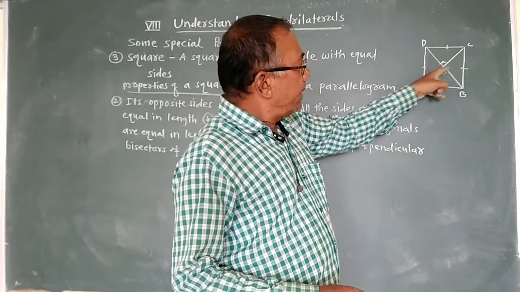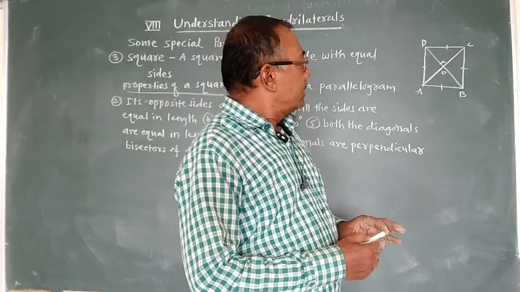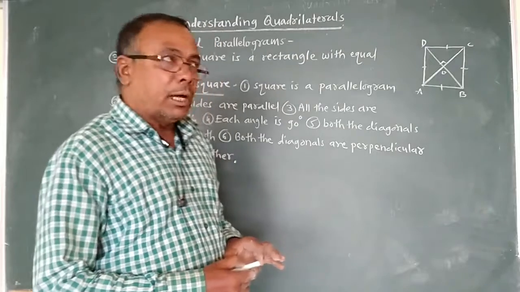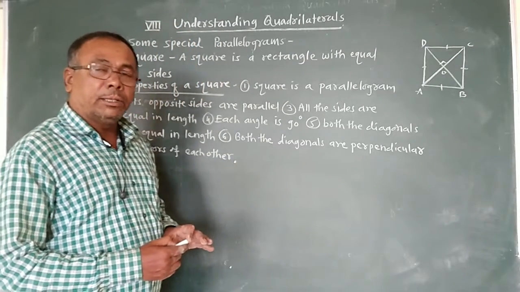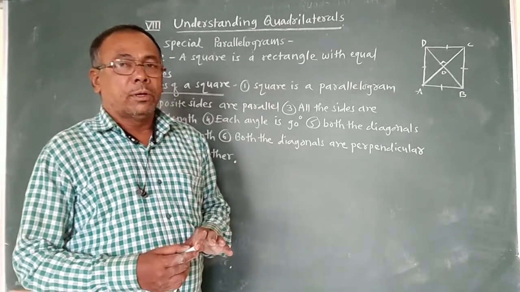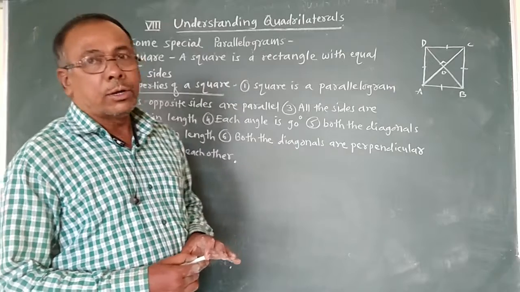So they bisect each other at 90 degrees. So these are the properties of the square. In this way, we have completed our topic, understanding quadrilaterals.